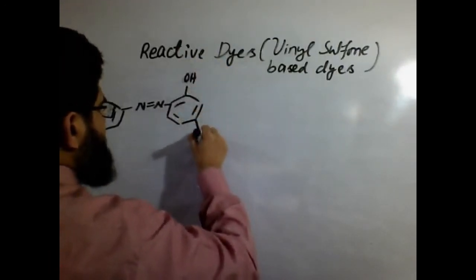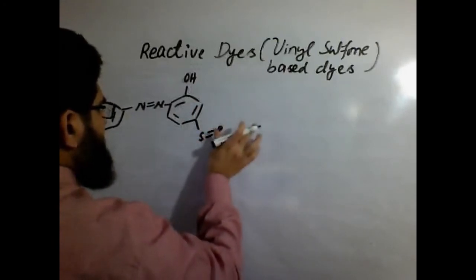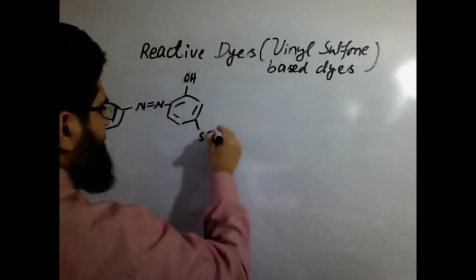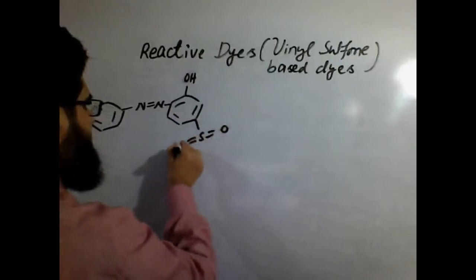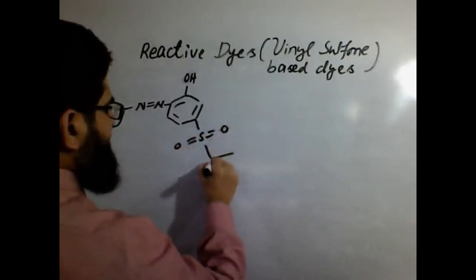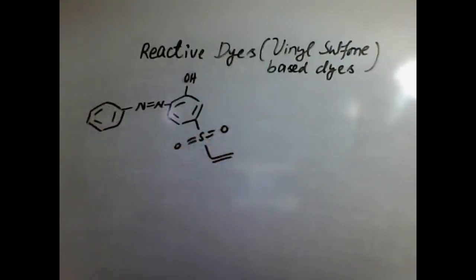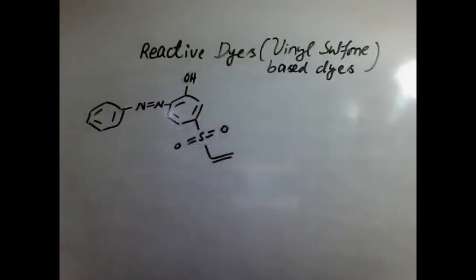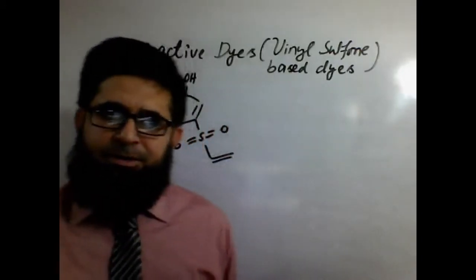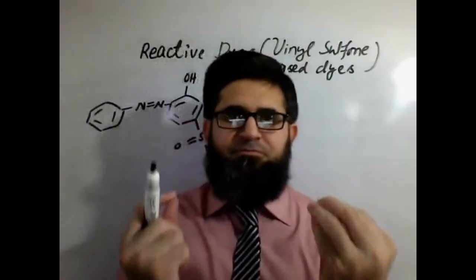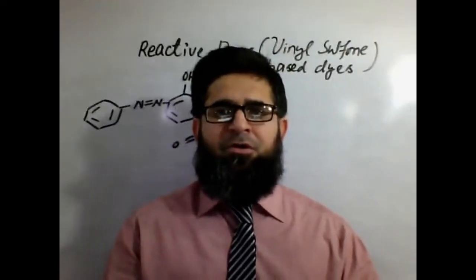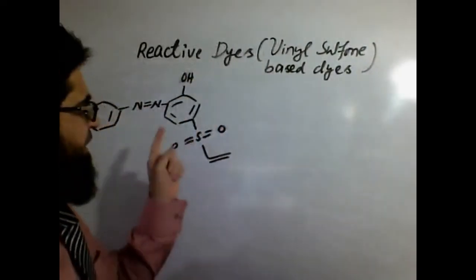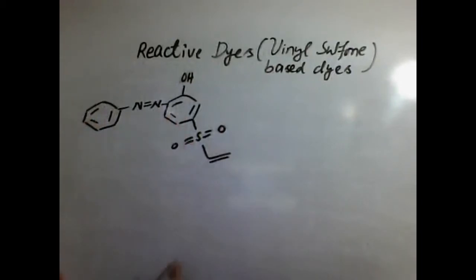It also carries the vinyl part, the vinylic part, so a dye could be of this type as well. How this group has been introduced is a subject of the next lecture, how the vinyl sulfones are attached to the dyes.